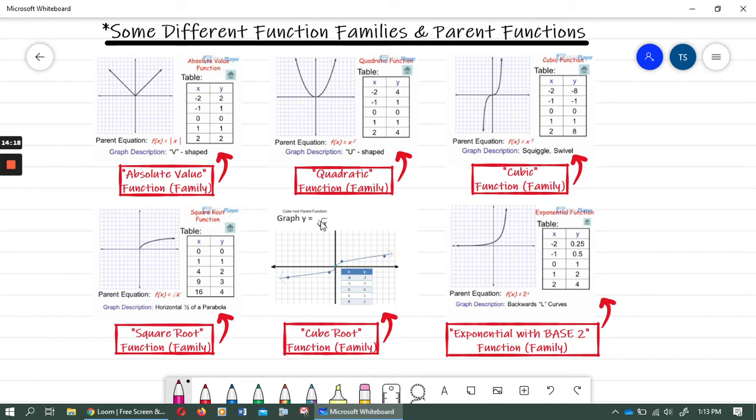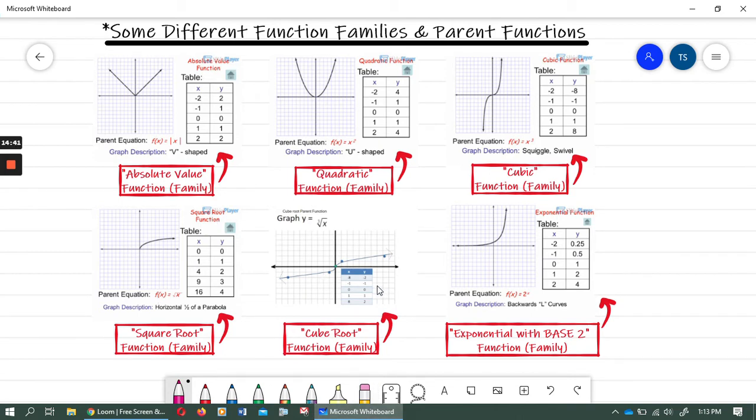The difference between this root and a square root is that the index for the square root is 2, even though that index is usually not written on the outside of the radical. But this radical for cube root does have an index written, and that index is 3, and it's a cube root.